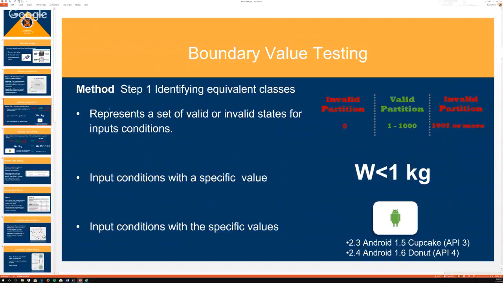And the last way is by specifying specific values. For example, in our final project, we can say that the system has compatibility with these two versions of Android. So we are defining specific versions.